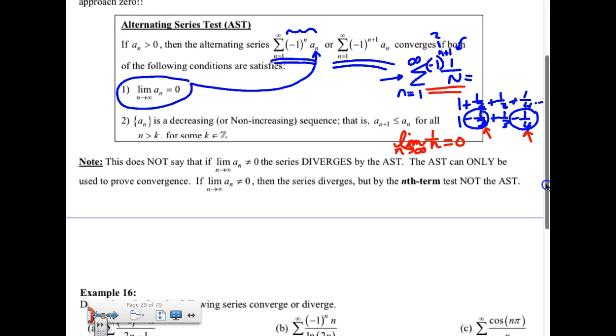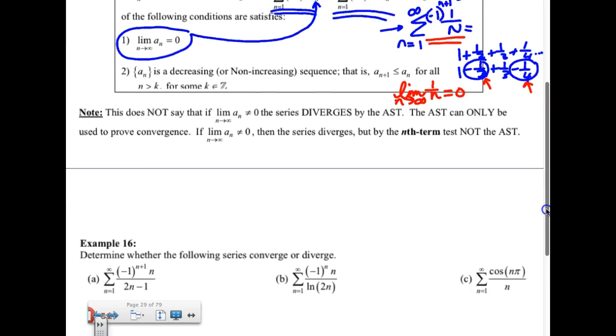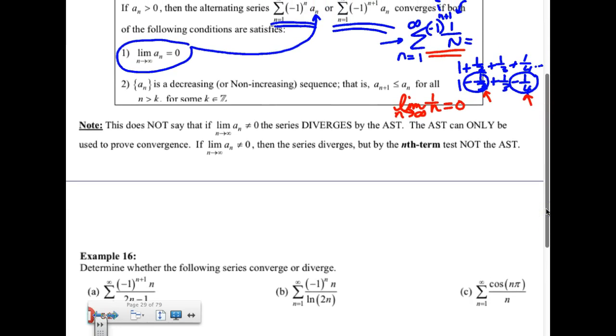That subtraction removes enough from the sum for us to truly say that it converges. So it's kind of like the nth term test. However, this is for convergence only, and it needs to have the presence of an alternator.